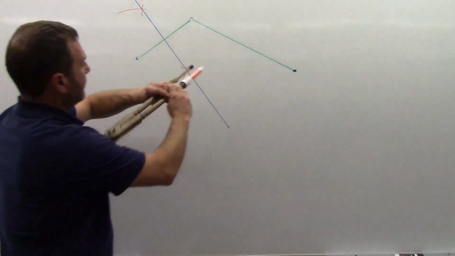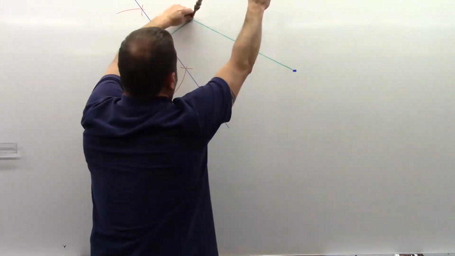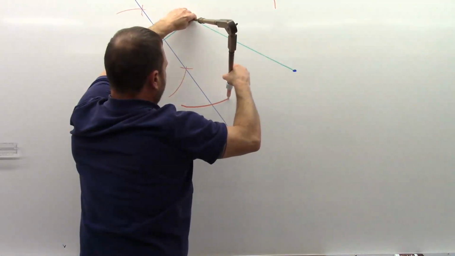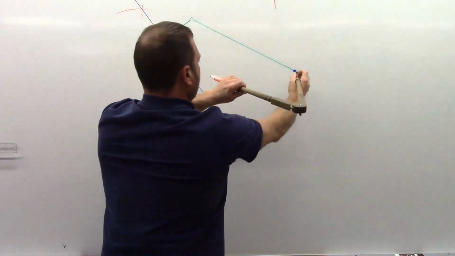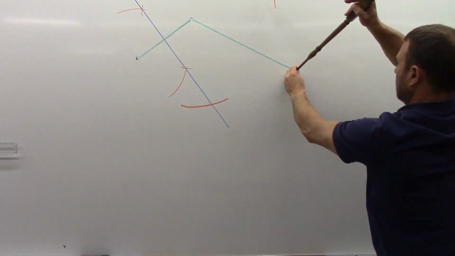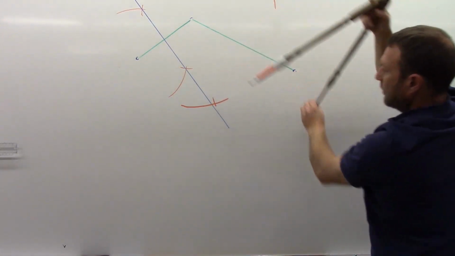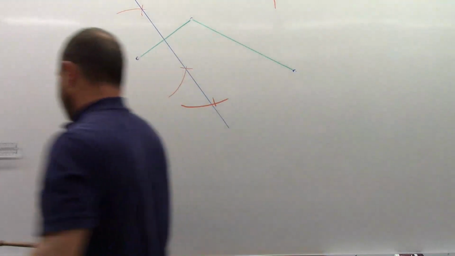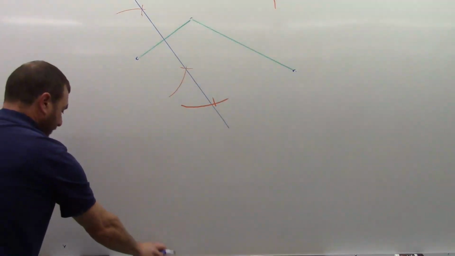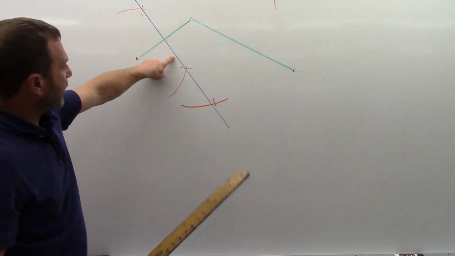I'll then bisect the second line. Again, 3/4, thereabouts, above and below. Now you want to keep track of which belongs with which, and that's why I drew my first line in already, so that I knew this point went with this line.